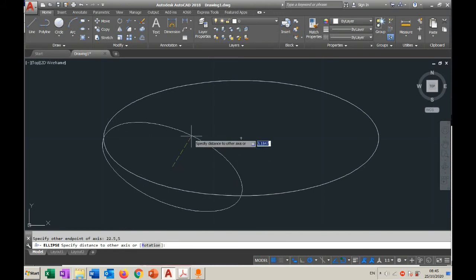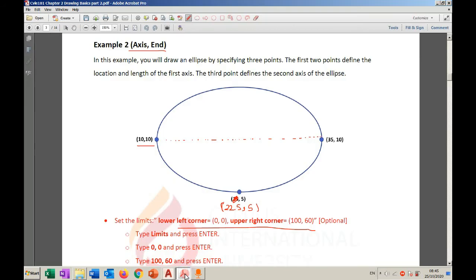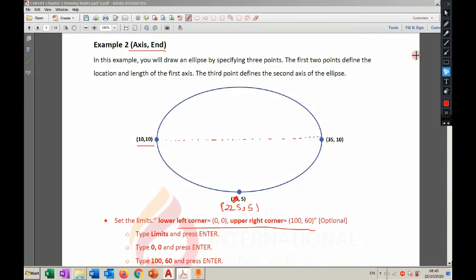Look, if I go for the other point, what I did, I started with 10, 10, I went to 22.5. Let's say I'll go to 35, 10 to see what will happen.